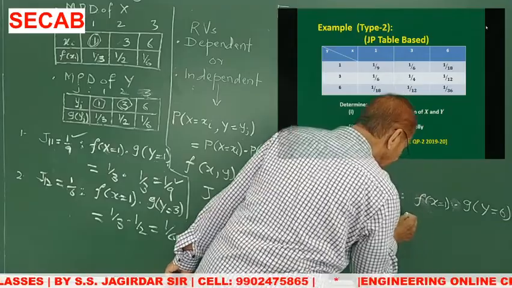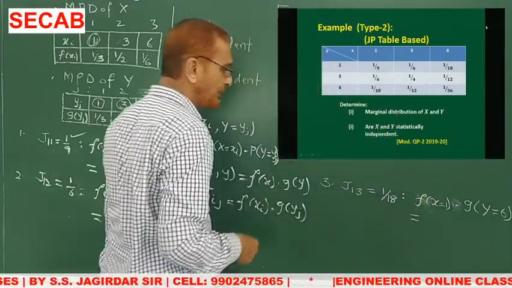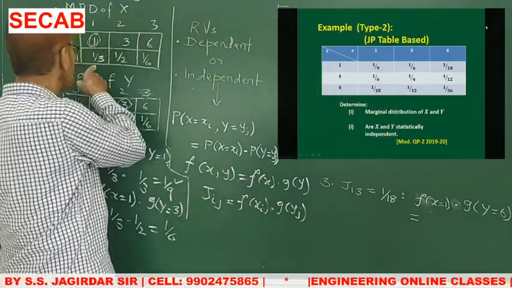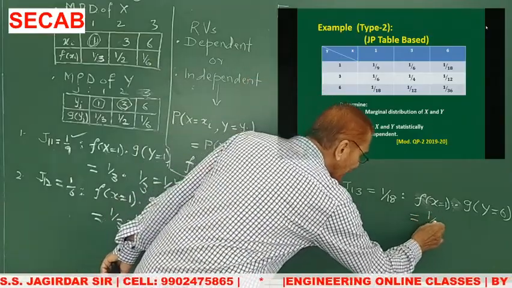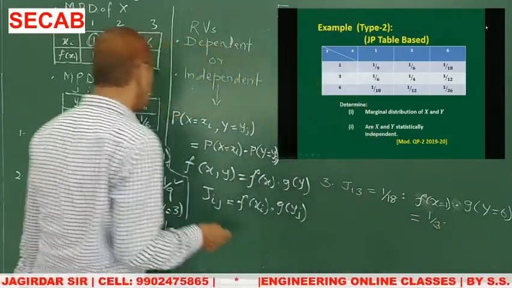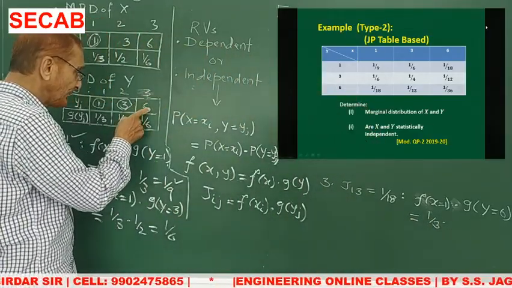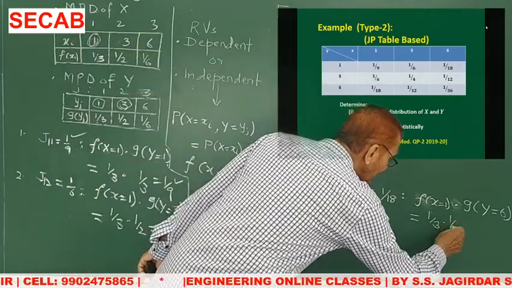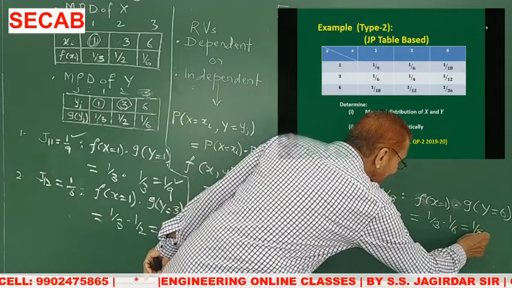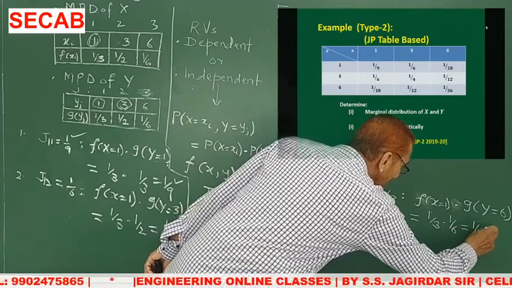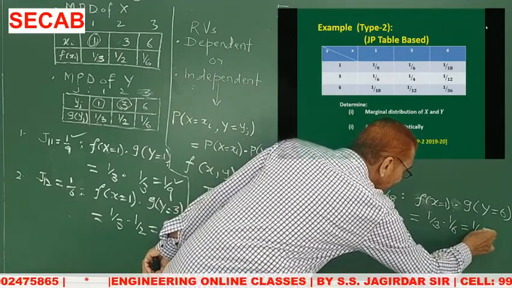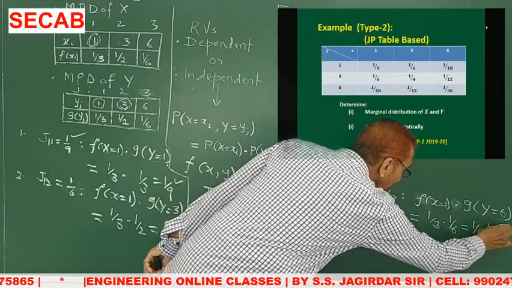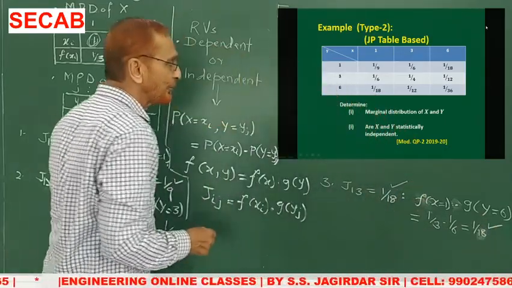So what do you get here? When f of x is equal to 1, of course it is 1 upon 3, and when y is equal to 6, it is 1 upon 6. And that is equal to 1 upon 18. You see, in the third case also it is 1 upon 18 and 1 upon 18.